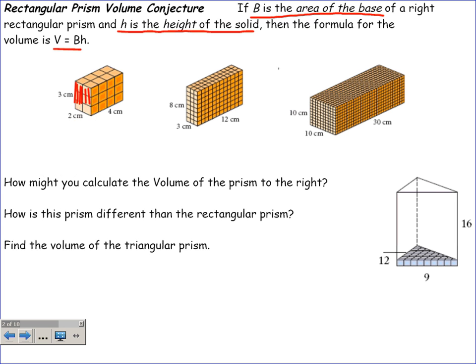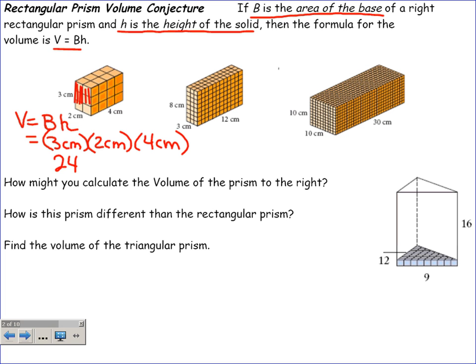Apparently people aren't paying attention here. I'm going to write this in with the units. Volume equals base times height. To find the volume, we're going to do 3 centimeters times 2 centimeters times 4 centimeters, right? So I'm going to multiply the numbers. 3 times 2 is 6, times 4 is 24. I agree with that.